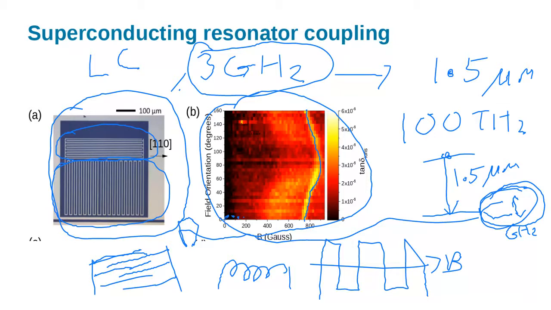This is exactly what we'd expect as a function of magnetic field and orientation if this was actually coupling to the erbium. So what we've shown here is we have coupled the superconducting resonator to the erbium.